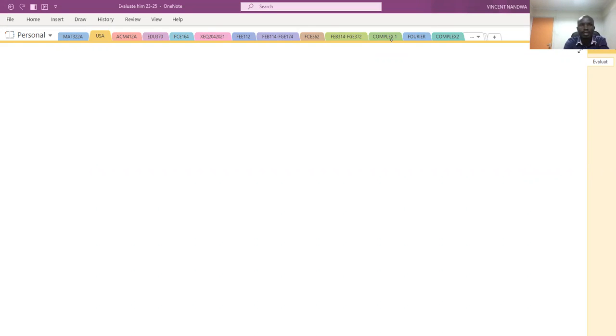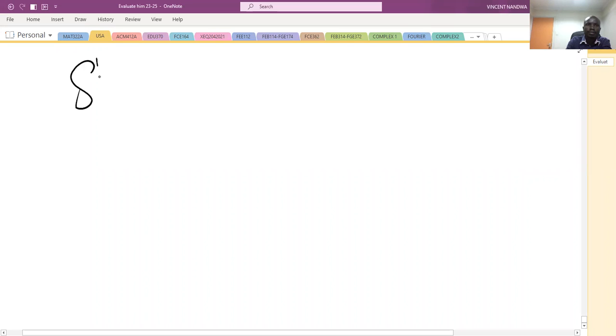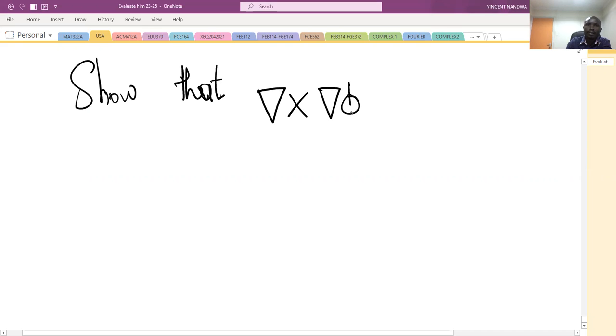So welcome to this class. In this session, we are going to show that curl of gradient of a scalar function phi is a zero vector. So show that curl of gradient is a zero vector.